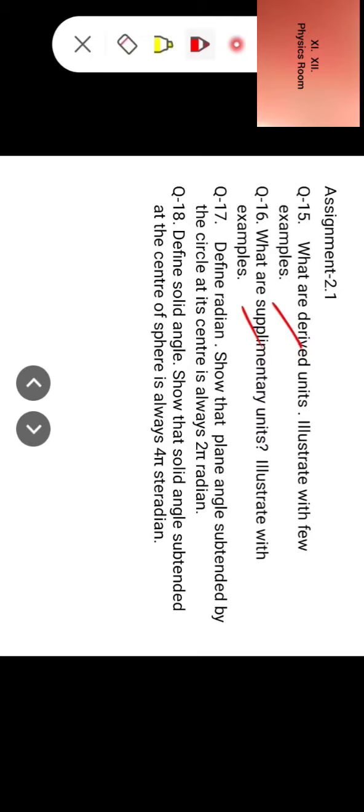Show that plane angle subtended by the circle at its center is always 2 pi radians. Question number 18. Define solid angle. Show that solid angle subtended at the center of sphere is always 4 pi steradians. So you solve these problems on the basis of the text you have learnt above.